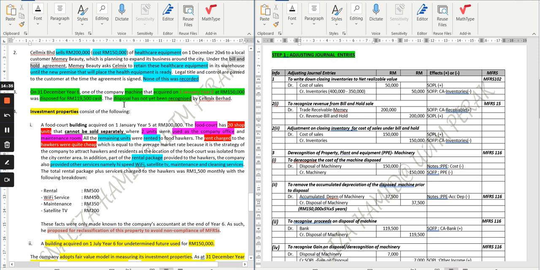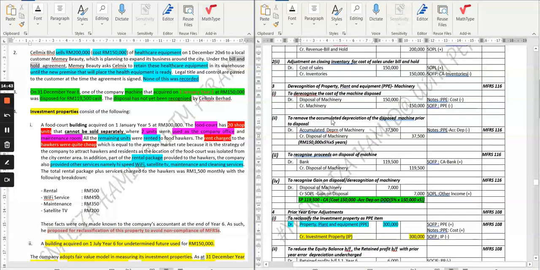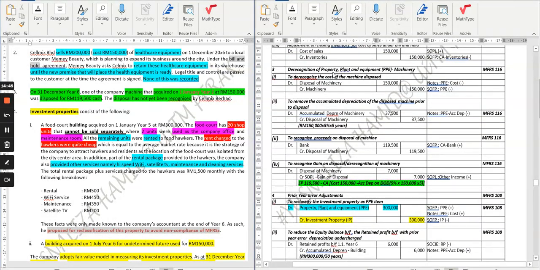So there was a derecognition or disposal of a machine, but that has not yet been recorded. So that is the journal entry that I have already prepared here. Derecognition of PPE, specifically the machine that was acquired on 1st of January, year 2. To do that, you need to go and de-recognize the cost of the machine disposed. The cost of the machine disposed that was de-recognized should be on 31st of December.